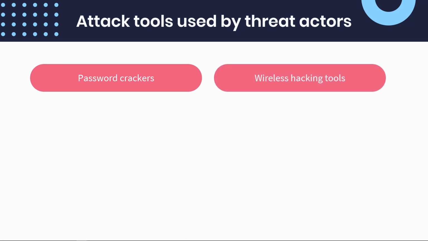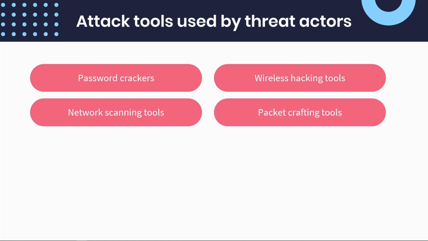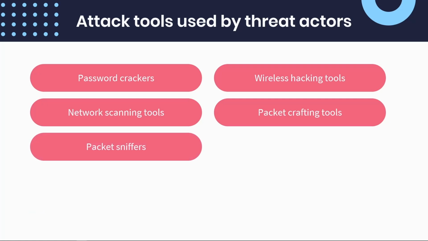Wireless hacking tools aid users to hack into wireless networks and also help to detect vulnerabilities in wireless devices. Network scanning tools are used to probe network devices, servers, and hosts for open ports. Packet crafting tools. They help to create and probe packets that can be sent to other connected network devices, servers, and even hosts.